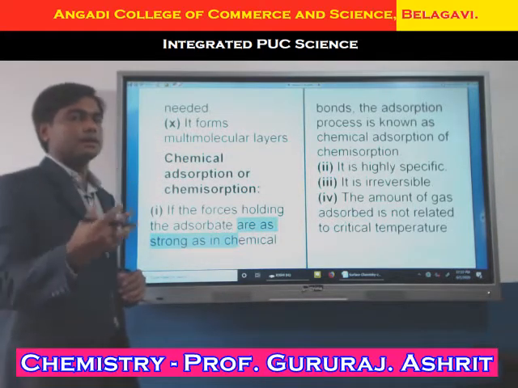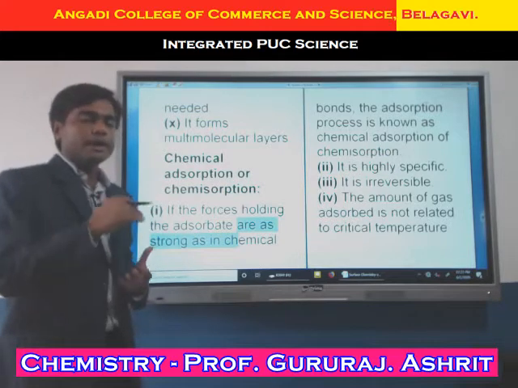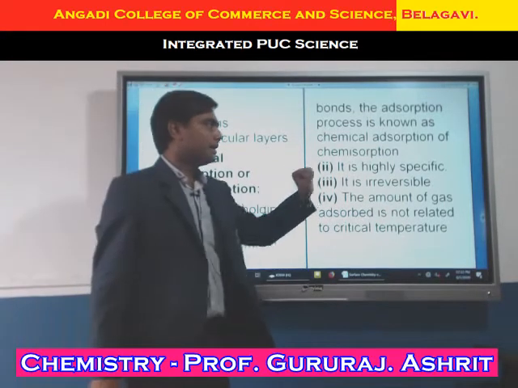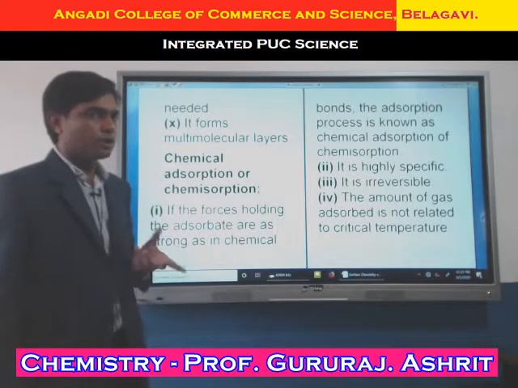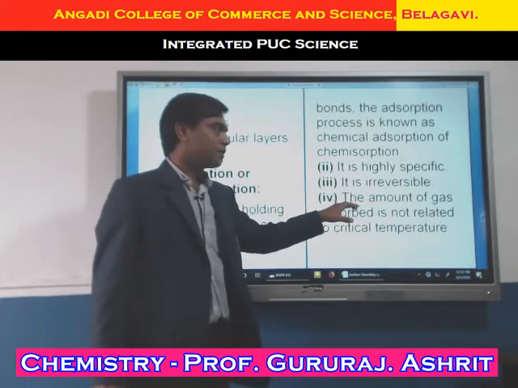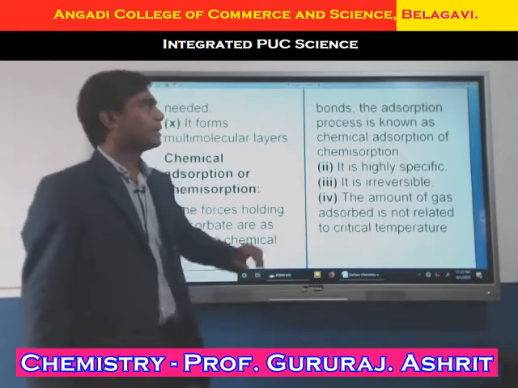For example, consider chlorine gas. If it is adsorbing on charcoal, it cannot adsorb on the bench or a desk. Hence it is highly specific. It is irreversible. The forces are strong, hence we cannot reverse that. Next one is the amount of gas adsorbed is not related to critical temperature.